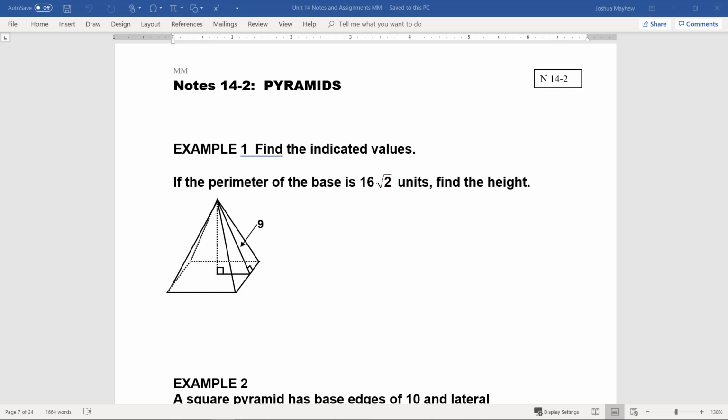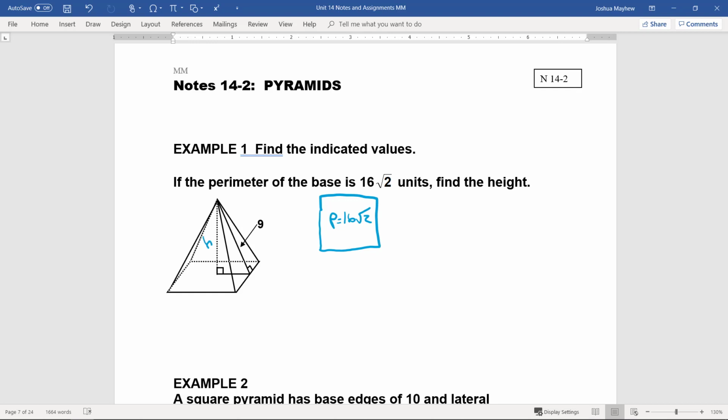Let's think about the base. The base here is a square, and we know the perimeter is 16 square roots of 2. Think about what that will lead us to. That leads us to the dimensions of the base, and we need the dimensions of the base in order to find the height.